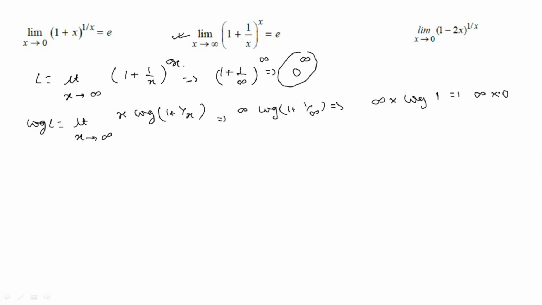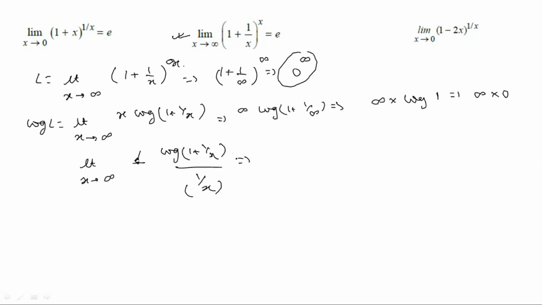So we have to convert this into the form of either infinity upon infinity or 0 upon 0 format. So limit x tends to infinity, now here we reach the 0 upon 0 format. If we reach 0 upon 0 format, then we have to use L'Hopital's rule.